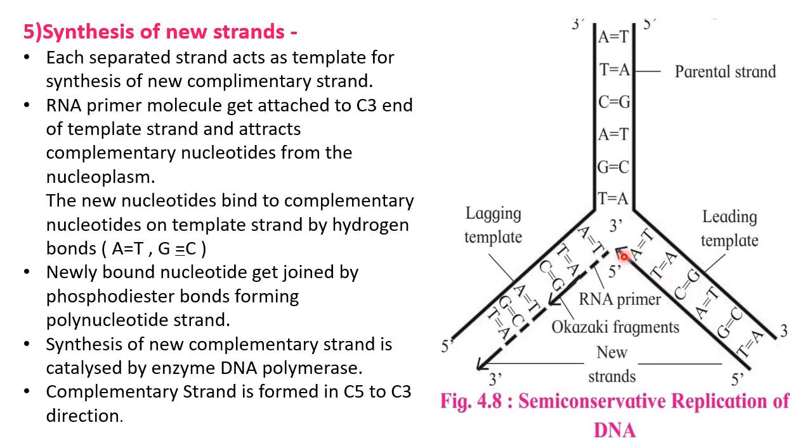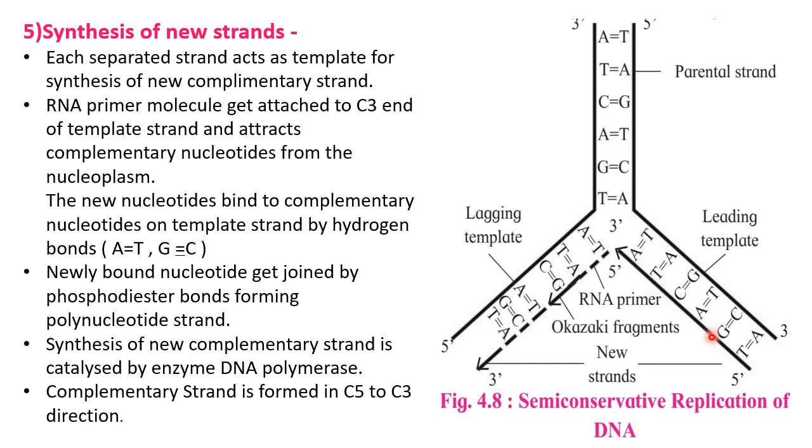Then these newly bound nucleotides on the leading template also bind to each other with the help of phosphodiester bonds. Here we can see this nucleotide, then the second, then the third. So these nucleotides bind with each other with the help of a bond called a phosphodiester bond and produce a long chain of nucleotides called a polynucleotide strand.